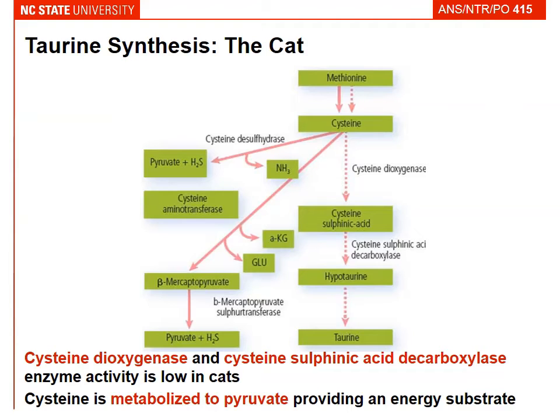So here's how taurine is synthesized. It can start off with methionine, so our methionine can be converted to cysteine. These dotted lines are the components that cats are not very good at or have limited synthesis. So the dotted line is limited synthesis.